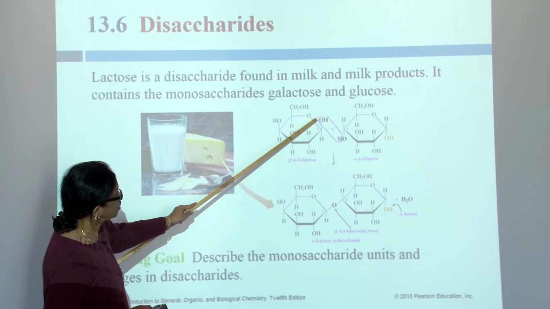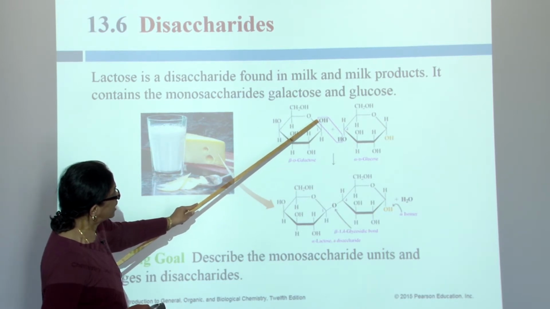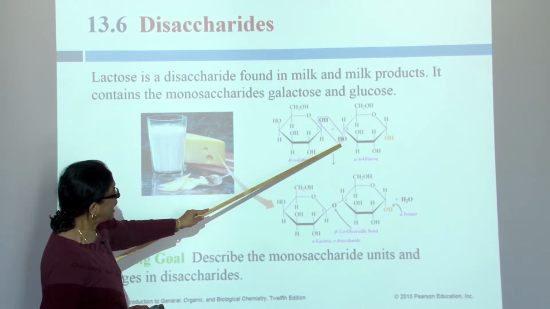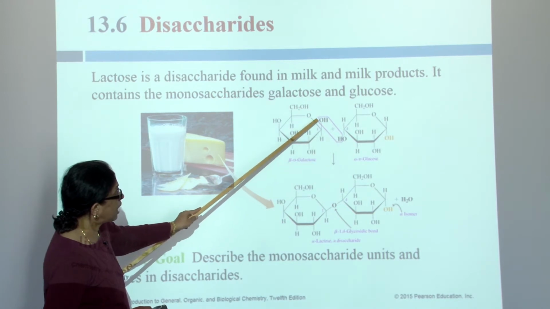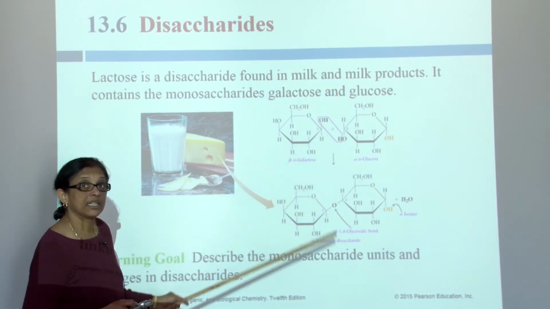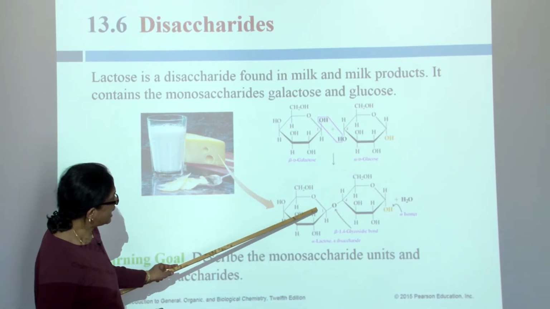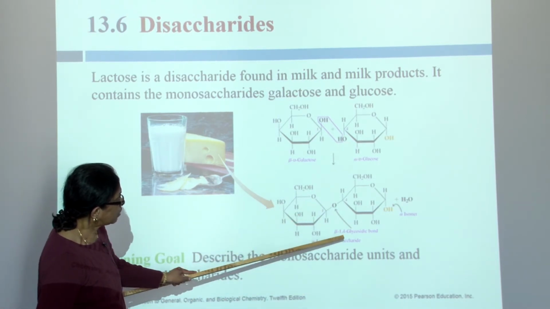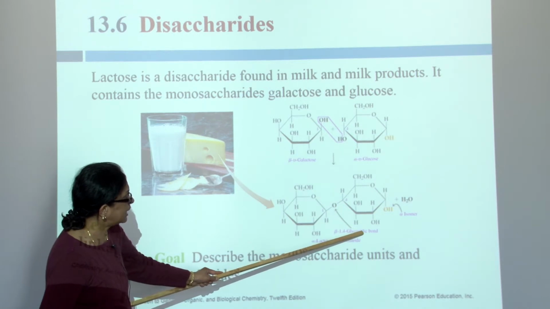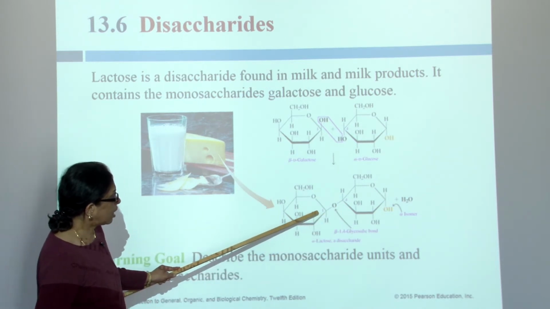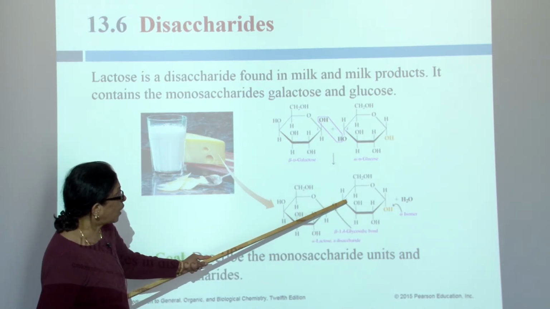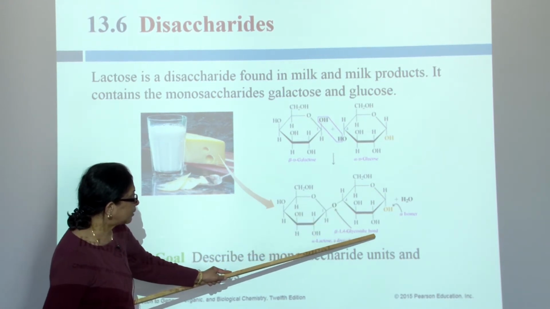The beta OH and the hydroxyl of carbon 4 are linked by eliminating a water molecule, dehydration, and this linkage is called the glycosidic bond. So it's a carbon 1, 4 glycosidic bond.